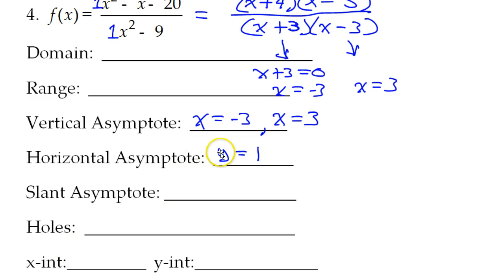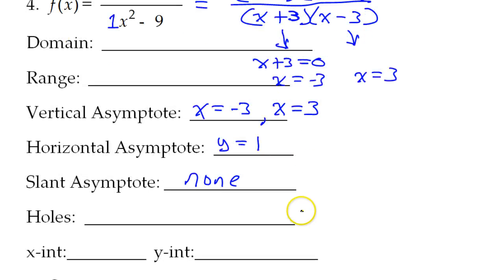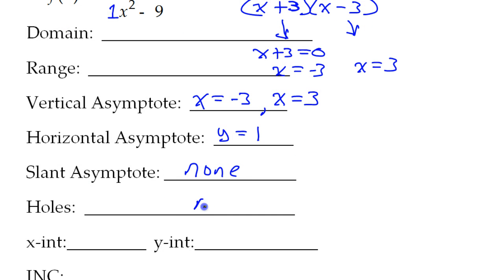You can't have a horizontal asymptote and a slant asymptote, so slant asymptote, none. Nothing canceled out when we factored it, so there won't be any holes, so none. X-intercept, y-intercept.